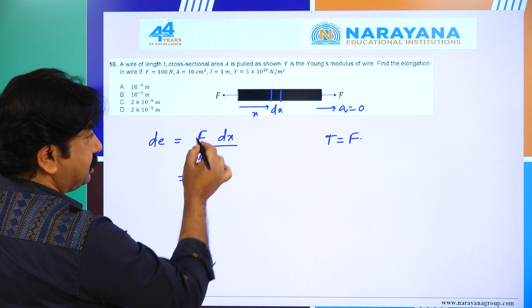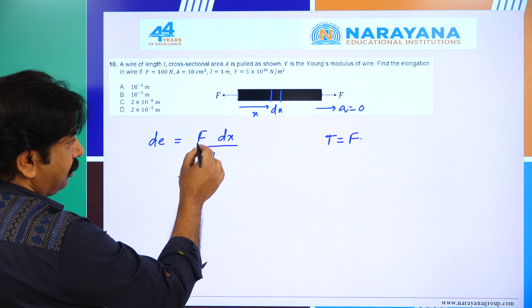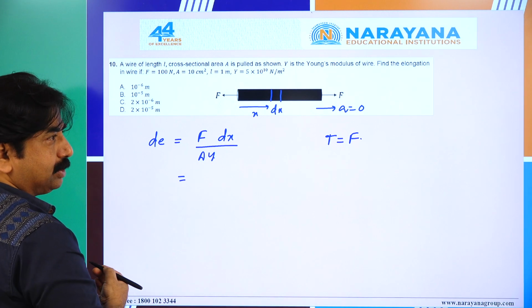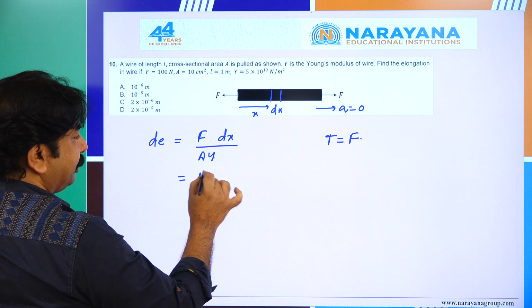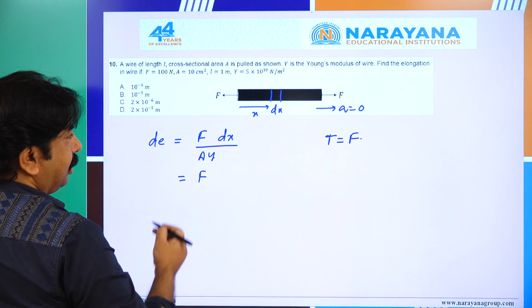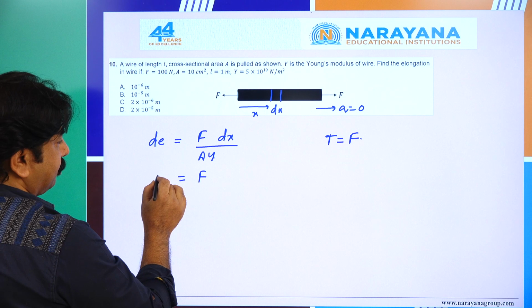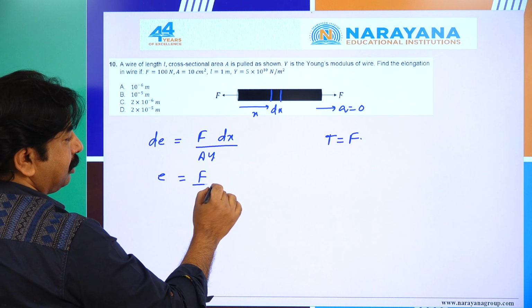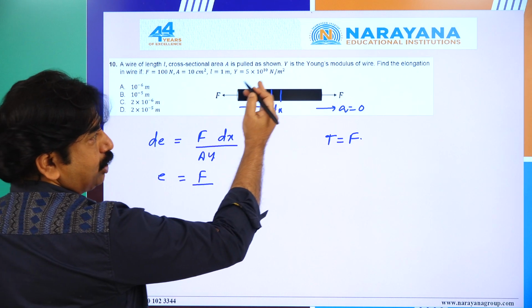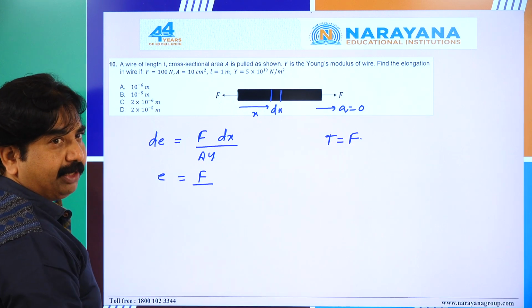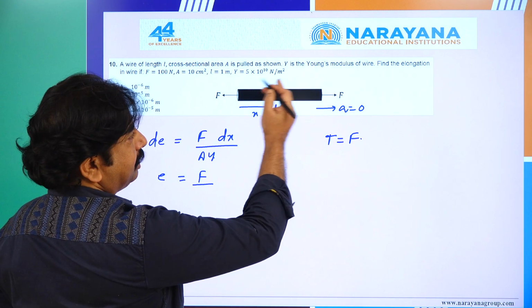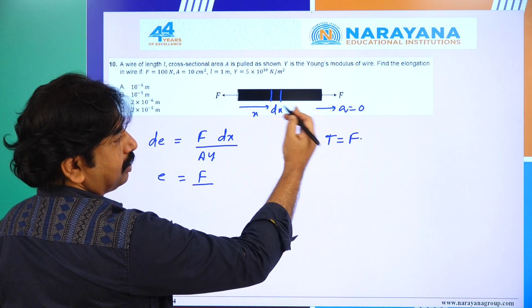As the tension is nothing but F only, we continue with the same F. And moreover, F is the constant throughout every point. That is also very important. There is no variation of the tension.